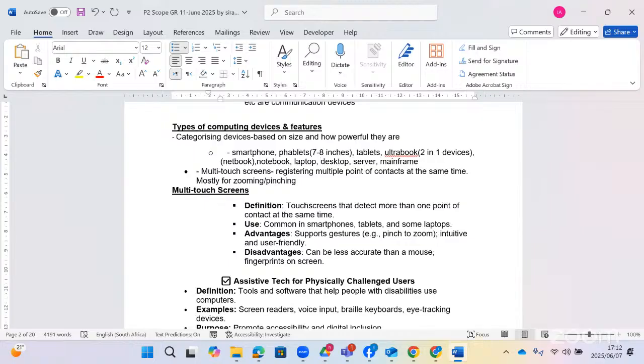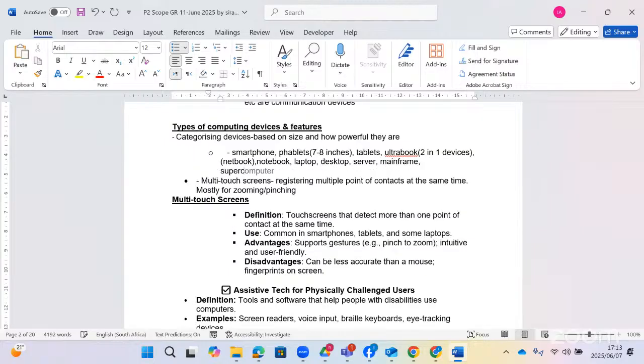And then we have desktop, then the server, mainframe, and then the most powerful computer, or the biggest computer, called supercomputers. Right. So if you were to rank them in ascending order from the smallest to the biggest, or in terms of how powerful they are, this is how you arrange them.